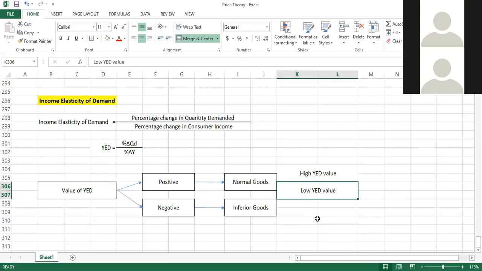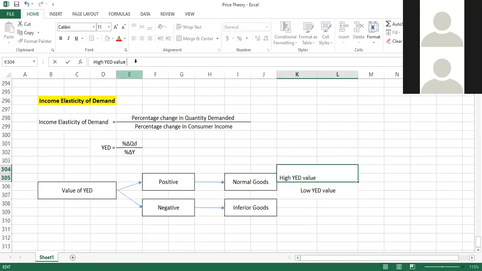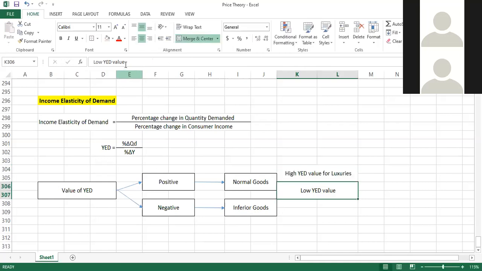That's why a high YED value will be there for luxuries, and low income elasticity of demand value for necessaries.